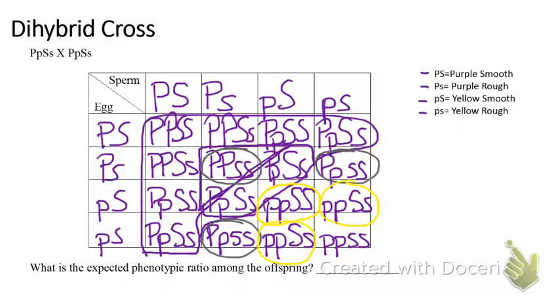And then we have one that is yellow and rough. It's completely homozygous recessive. Okay, so our phenotypic ratio among the offspring is 9 to 3 to 3 to 1. 9 for purple and smooth, 3 for purple and rough, 3 for yellow and smooth, and 1 for yellow and rough.